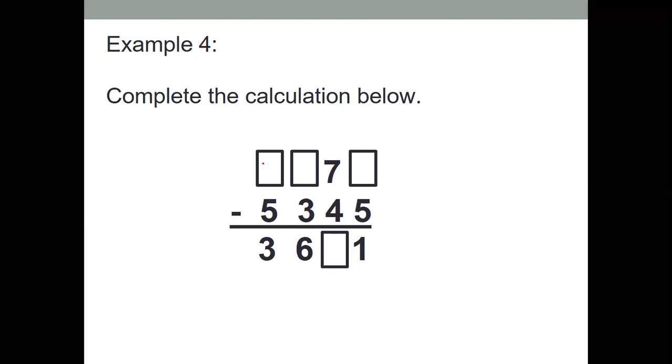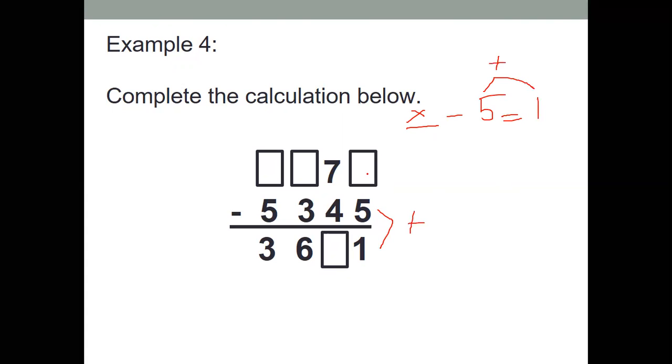Don't start from the left, start from the unit, from right to left. If the first number is missing when we are subtracting, don't forget, we need to add these two, because the first number is not there. So this one will be plus.